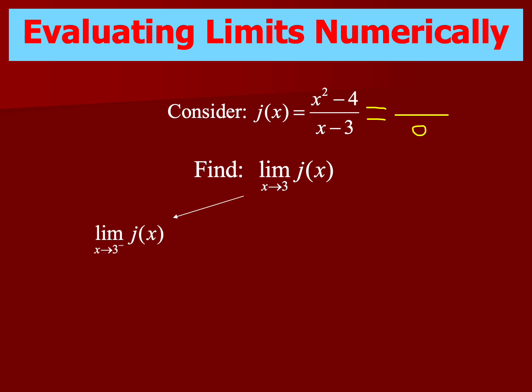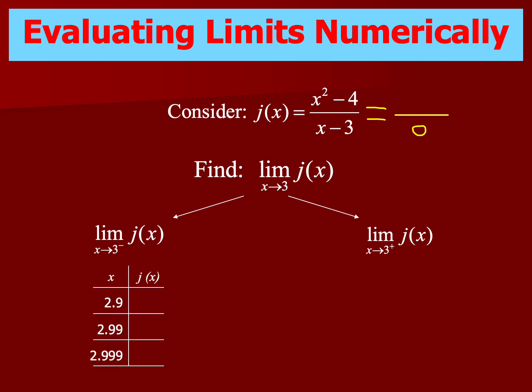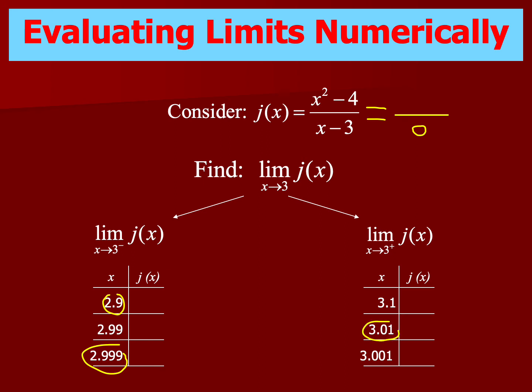From the left I take 2.9, then closer, 2.99, then closer, 2.999. And also from the right, I start with any number like 3.1 or 3.2, then I go closer, which is 3.01, and very close again, 3.001.